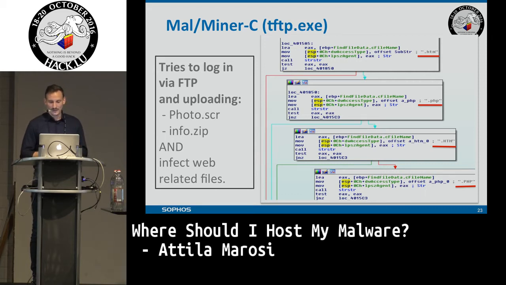And if they find web-related stuff, HTML, PHP, something like this, they just try to infect it by putting an iframe at the bottom of the file, and that causes that if you open a page which is already infected, you will download a zip file, the info zip file, which needs some social engineering or a very keen user to get the results and the inside content of the zip, but it seems it's also working.